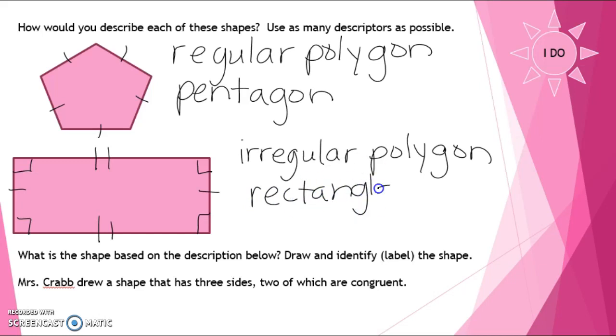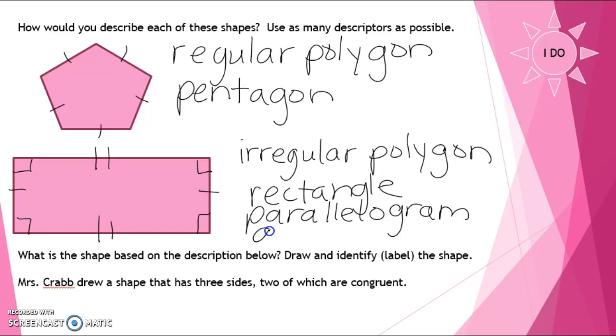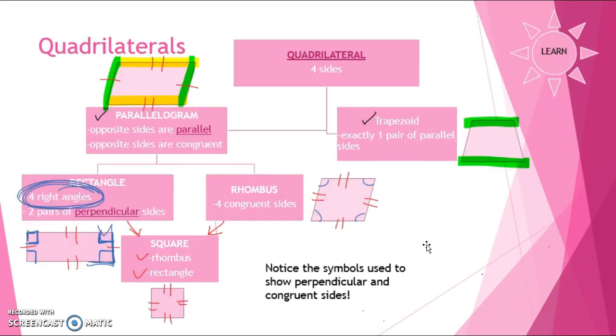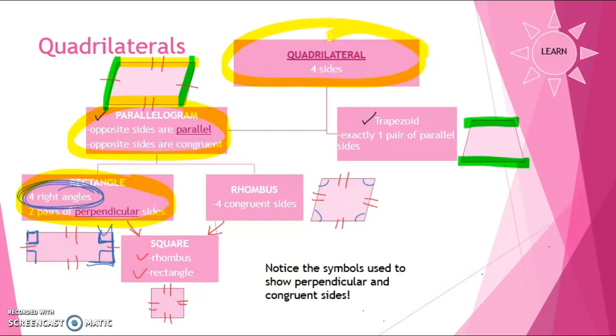It is also a parallelogram, and it is also a quadrilateral because it has 4 sides. So we just worked our way back up the chart that we learned about on the other page. You see the path here? What we just drew, or what we saw, was a rectangle, a parallelogram, and a quadrilateral.